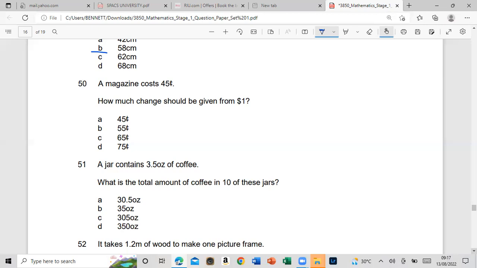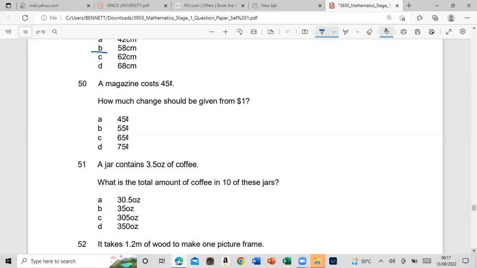All right. Sorry about that, guys. So it says a magazine costs 45 cents. How much change should be given from $1? The question is, how many cents are there in $1? How many cents make up a dollar? You guys don't spend cents, you know.